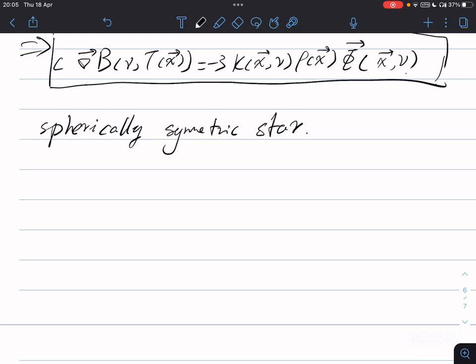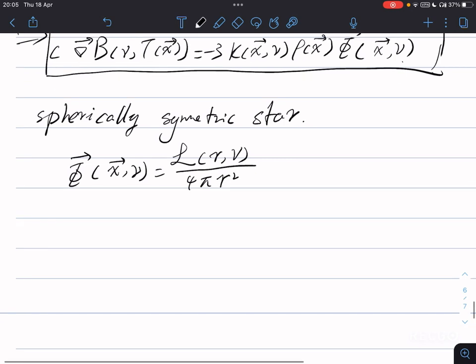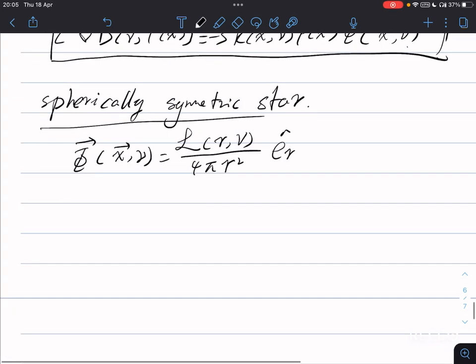Now the flux vector can be written as L_r nu over 4 pi r squared e_r. For a spherically symmetric star, we should calculate in spherical coordinates, of course. And this L_r nu is just the total radiant flux per time per frequency nu through a sphere of radius r.